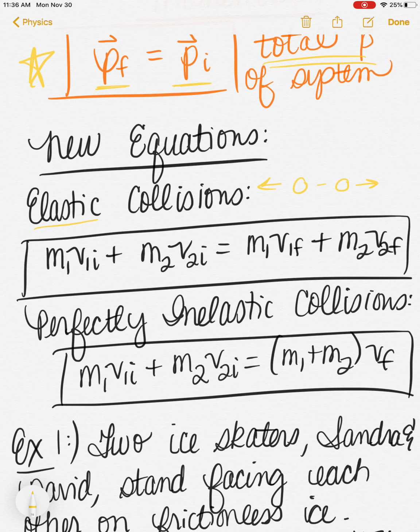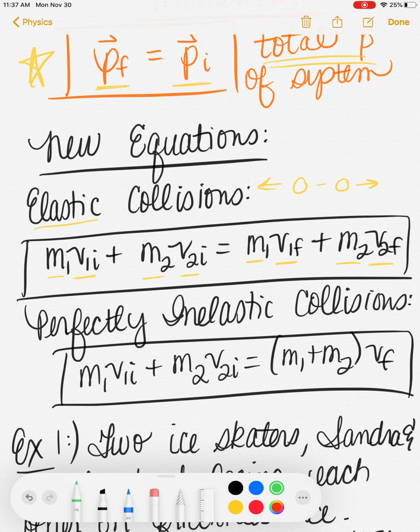So the equation for an elastic collision is the mass of the first object times its initial velocity plus the mass of the second object times its initial velocity will be equal to the mass of the first object times its final velocity plus the mass of the second object times its final velocity. Lots of subscripts going on there, but it hopefully makes sense to you what those all mean.